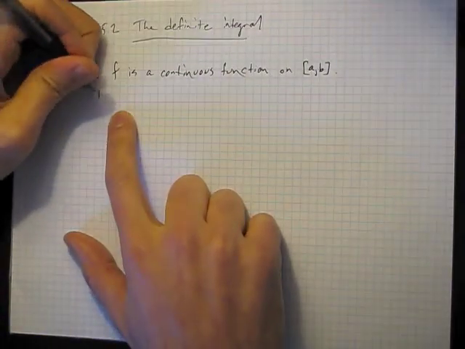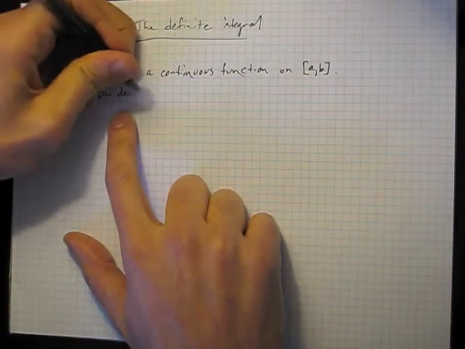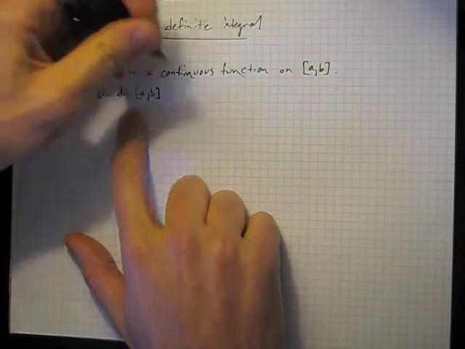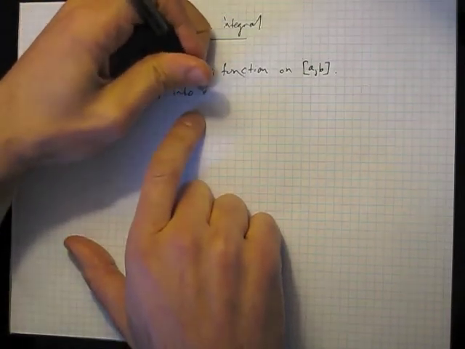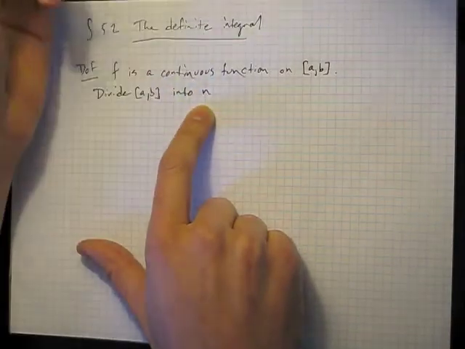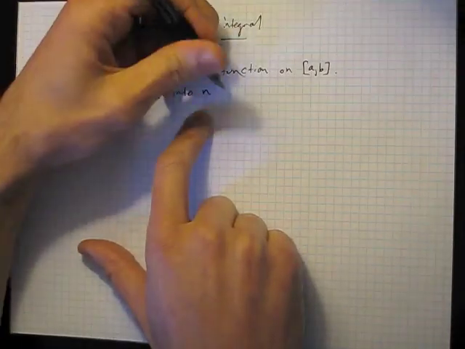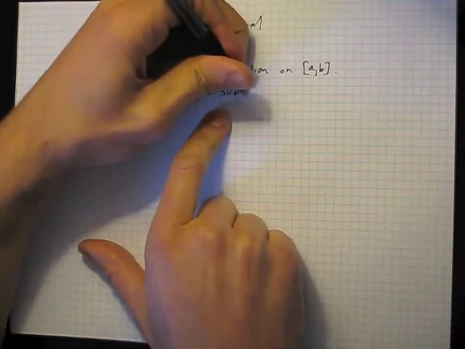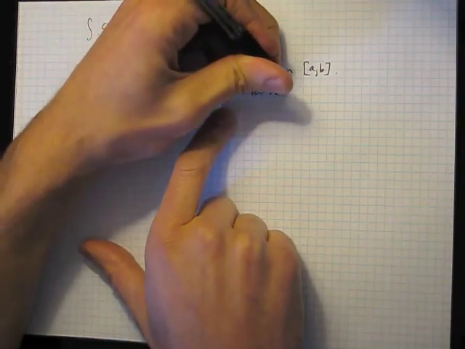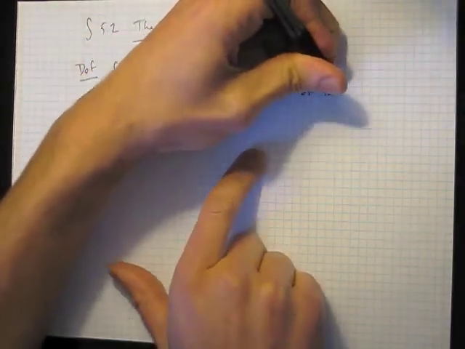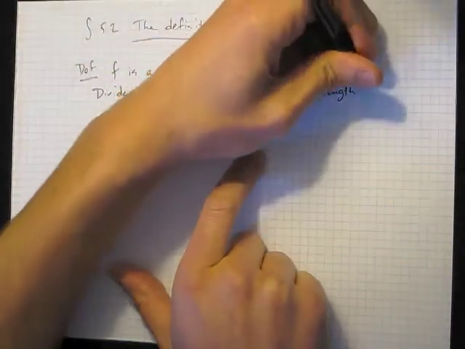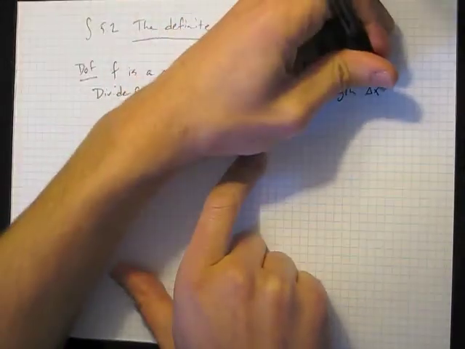We divide this interval from a to b into n subintervals of equal length, where n is just some arbitrary integer. We refer to this length as delta x.